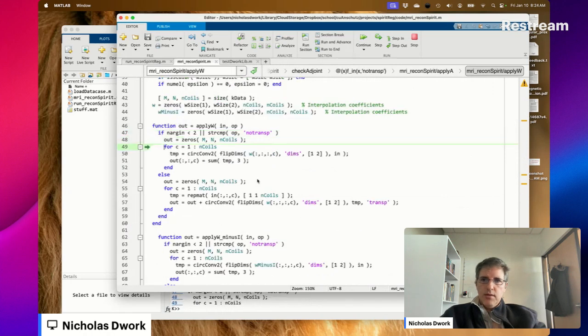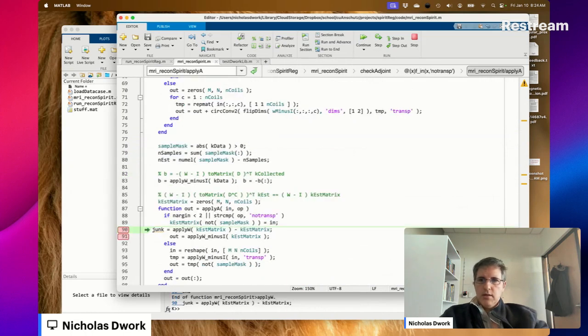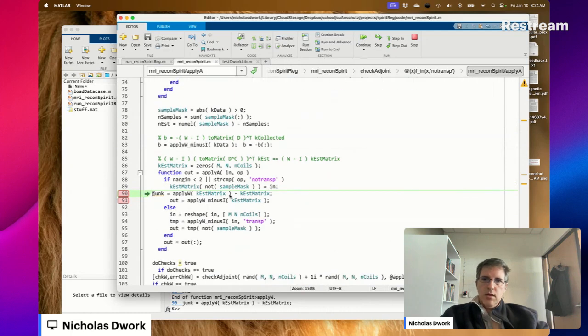Apply W. For each coil, we do a circular convolution with W. And then sum across the third dimension, because the fourth dimension is also coils, but each coil gets its own set of interpolation coefficients. So right now I've got just applied W.